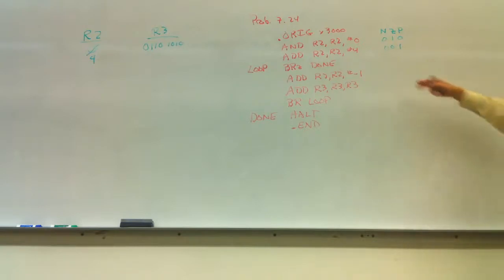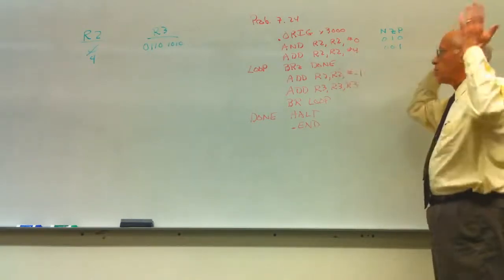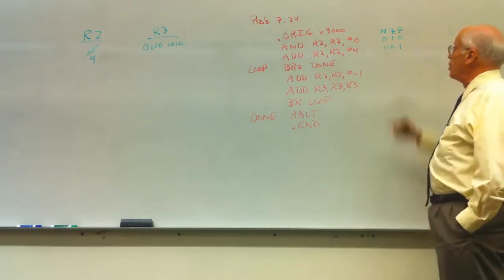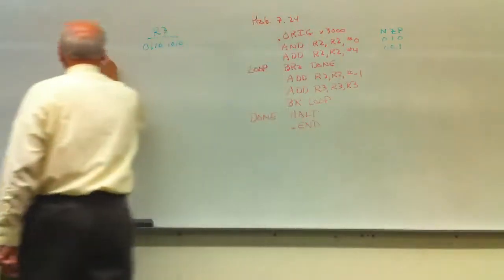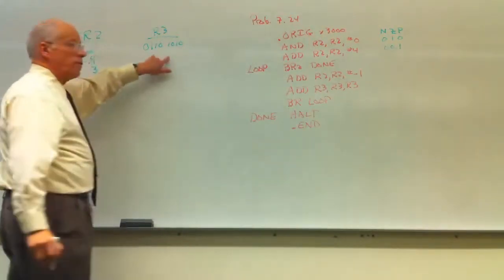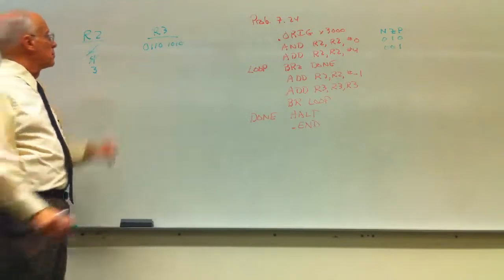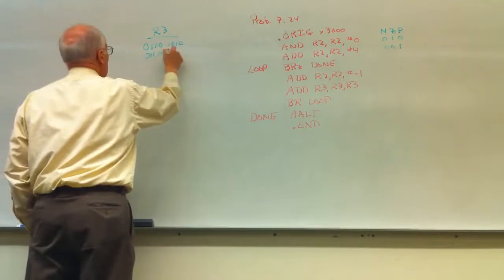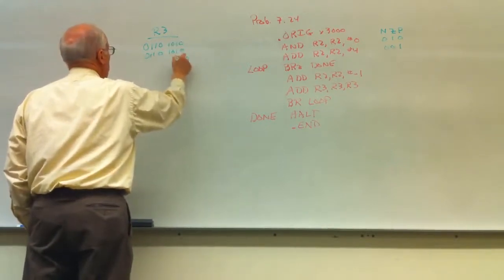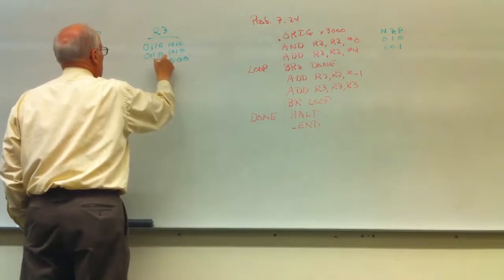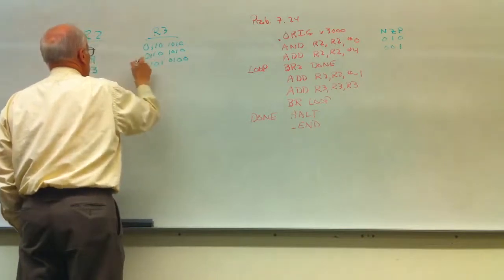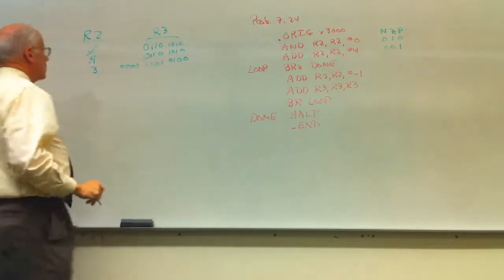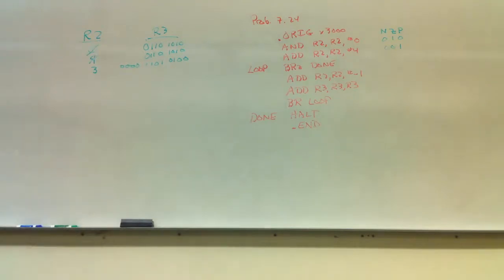Okay, so branch if done, or branch if 0. It's not. So we won't. So we subtract 1 from register 2, and we add register 3 to itself. When you do that, that'll give us this number.